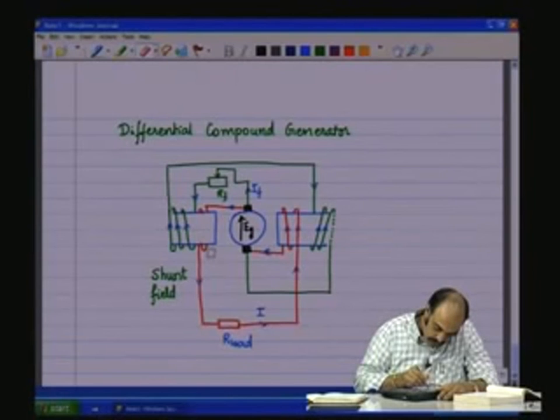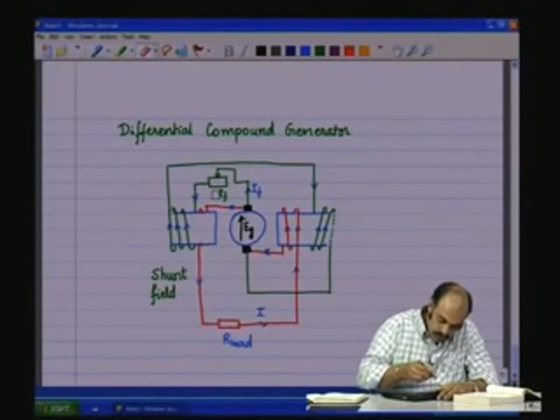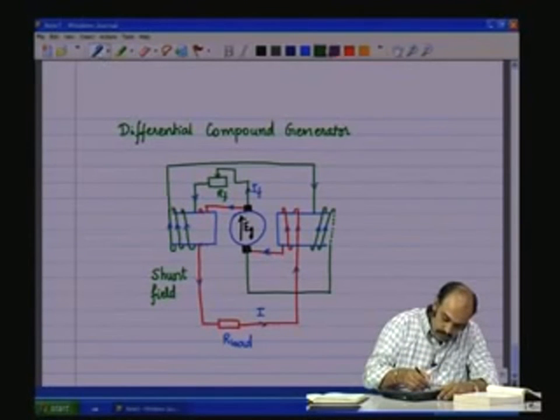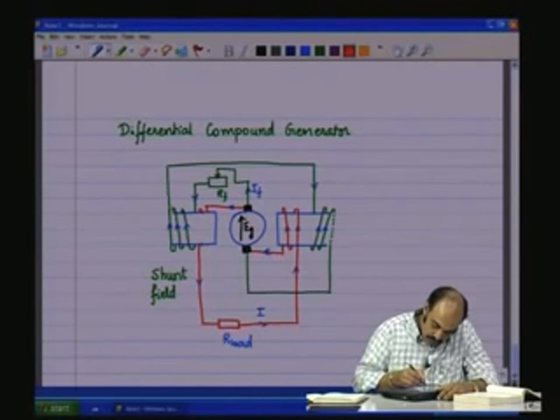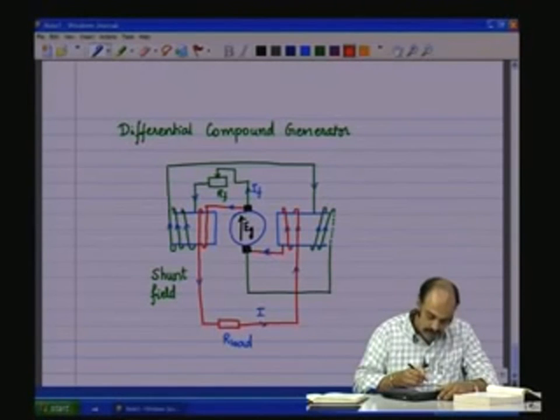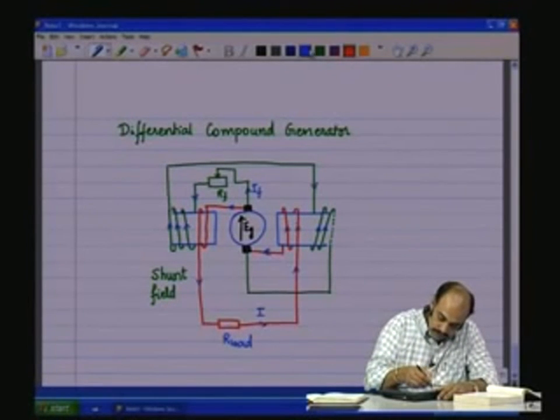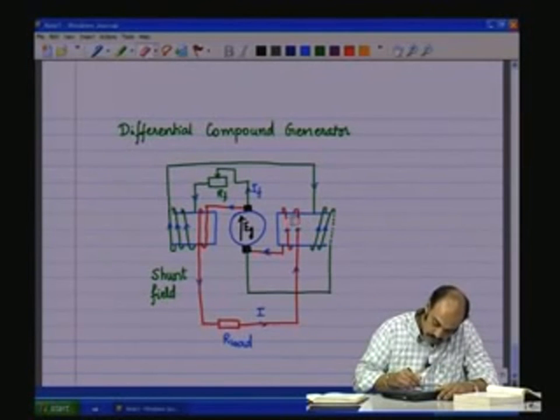So, what it means is that we try to make the current flow in the reverse direction in the field, so that it has a cancelling effect. And so, also here it has a cancelling effect.